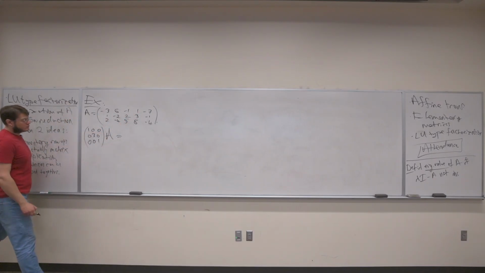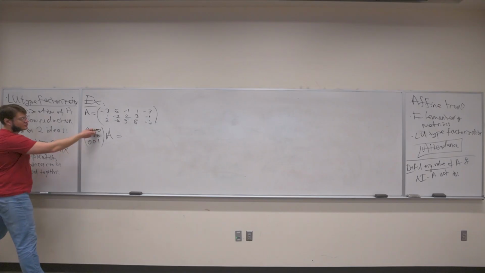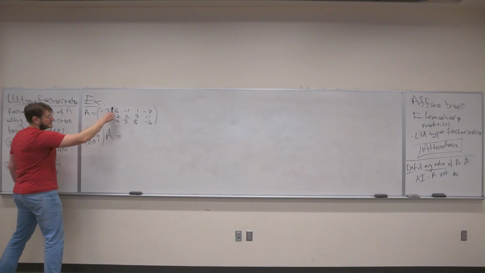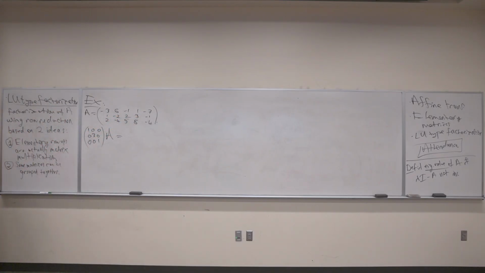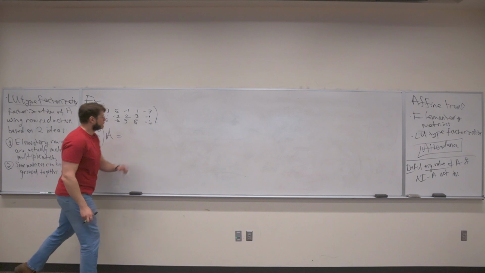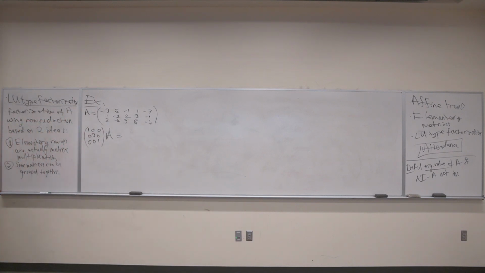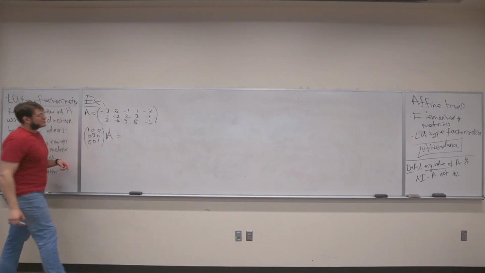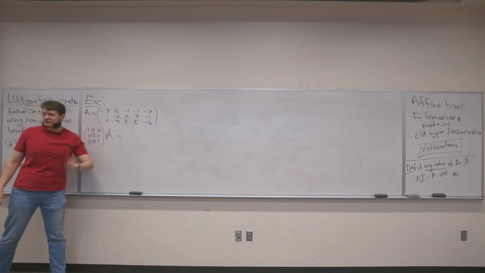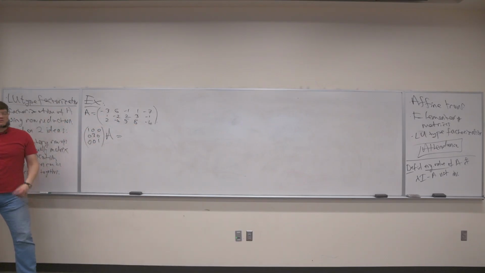The first row of my matrix here is 1, 0, 0. You multiply it against this, and the end result gives me the first row of the product. But since this is 1, 0, 0, this is nothing but duplicating the first row.